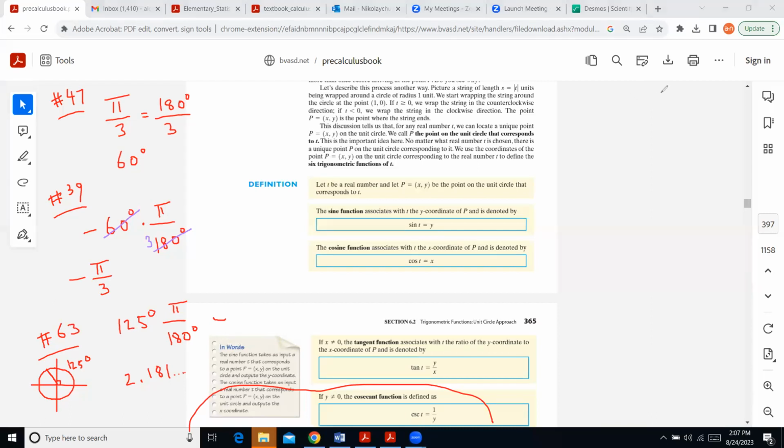So first of all, how do we define these on the unit circle? So if I put a circle with radius 1, that's why it's called unit circle. So radius is 1. So no matter in what direction you put a segment that touches the side of the circle, it's going to end up at 1.